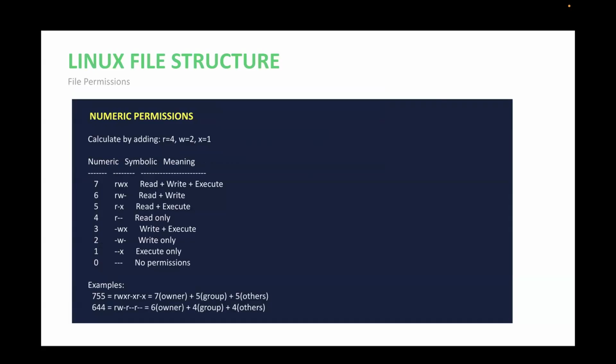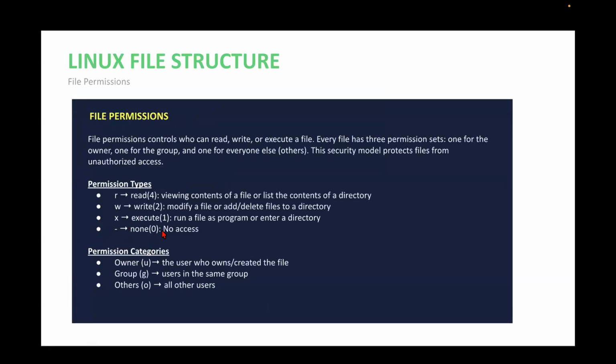In this case, read has the number 4. Read is always 4. Write is equal to 2, and execute is equal to 1. And where you have no permissions, the dash is 0, which means you have no access. 0, none.